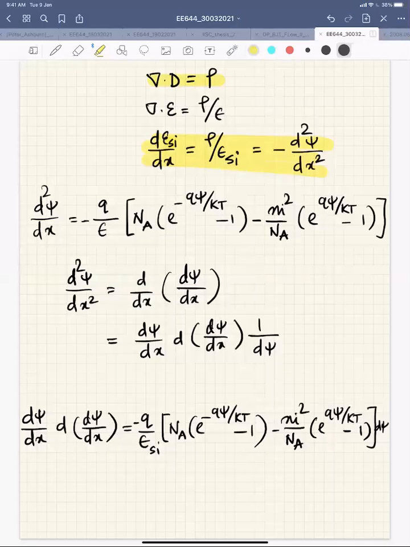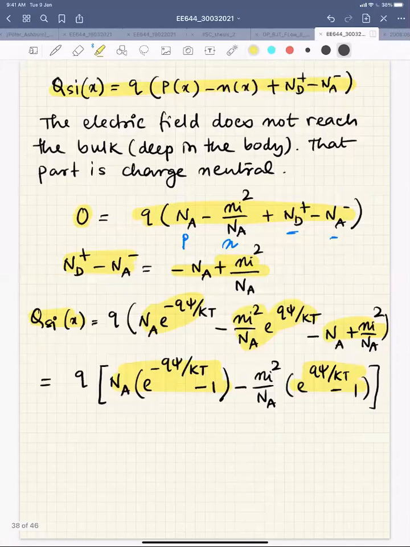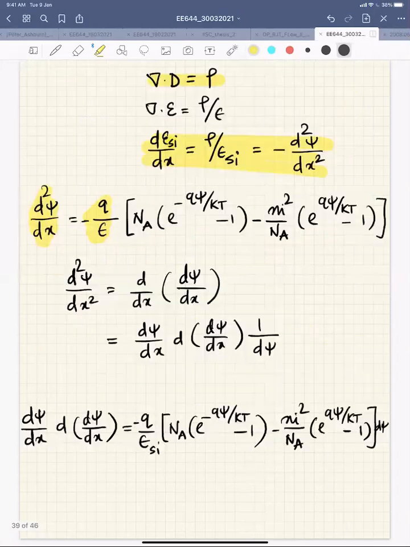So d square psi by dx square is minus rho by epsilon silicon, and so I could write here d square psi by dx square is minus q by epsilon. So this is the charge, and the charge is nothing but q times this much. This equation is nothing but d square psi by dx square equal to minus total charge in the silicon divided by epsilon.